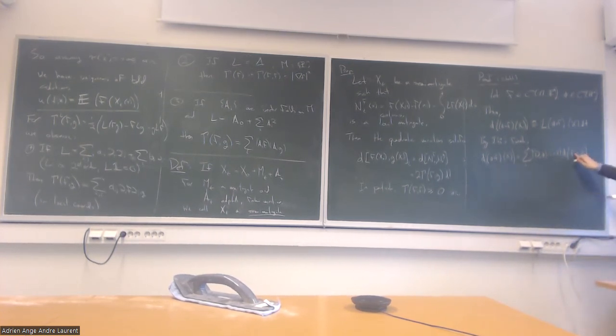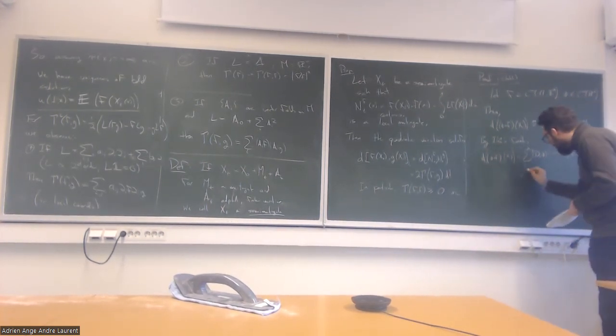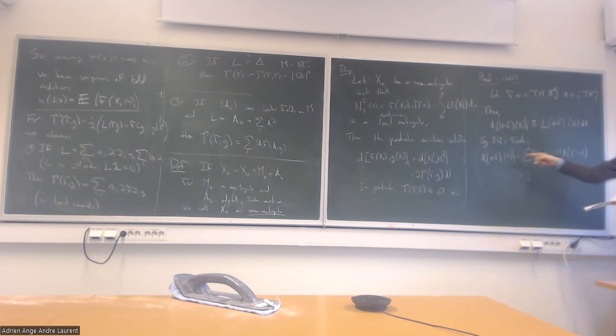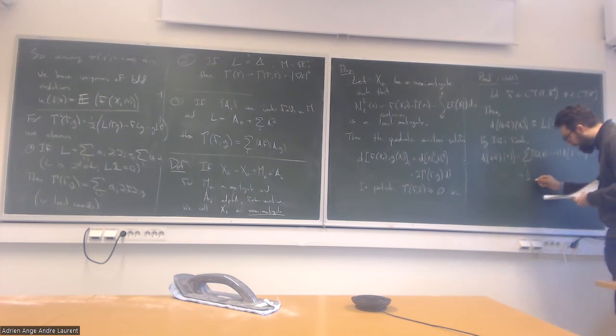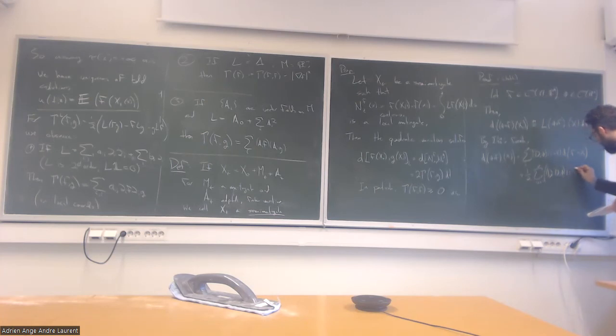Where, of course, f^i means the ith component of f, plus 1/2. So this would be our typical chain rule. This is the Ito correction term: the sum over i, j components up to n of d_ij applied to phi of f of X, and the quadratic variation.